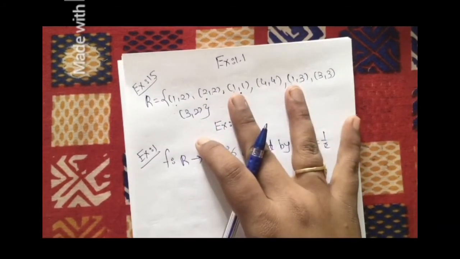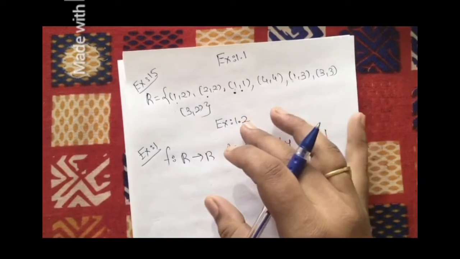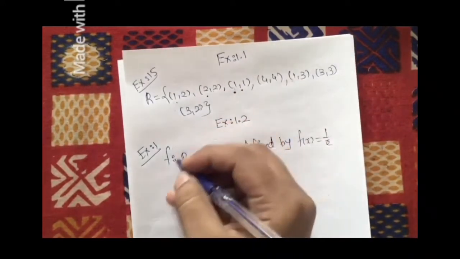Is the result true if the domain R* is replaced by N with the codomain being the same as R*? Okay, so let's just start with 1-1.